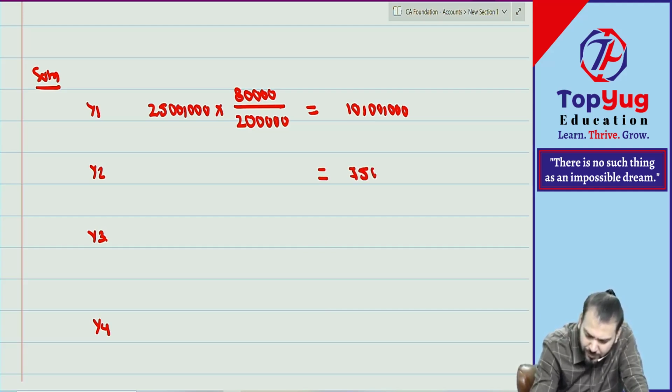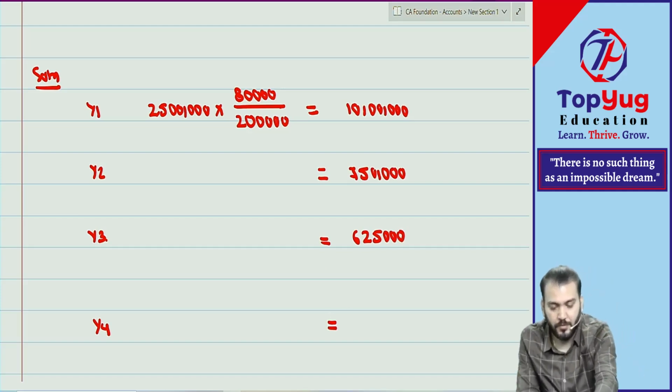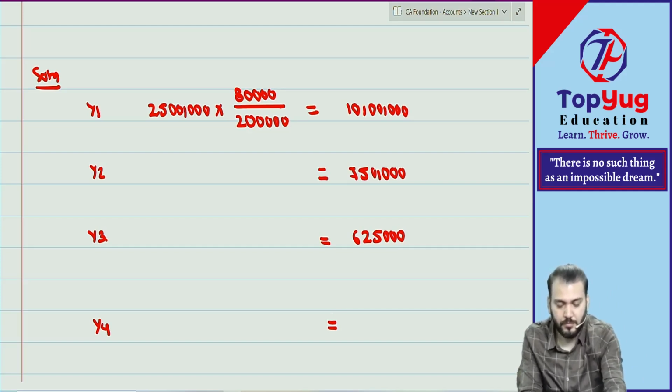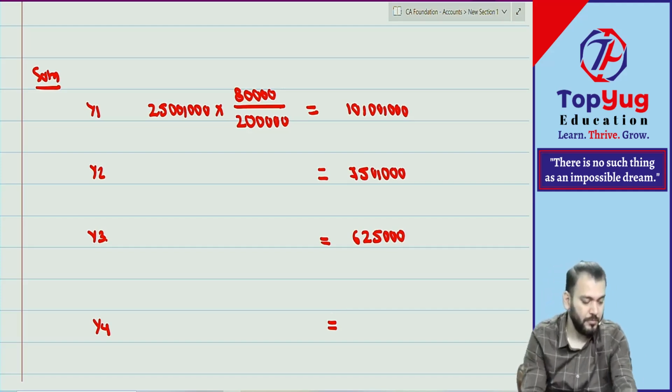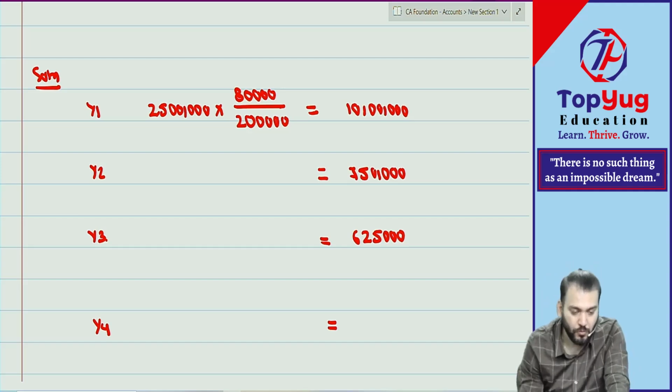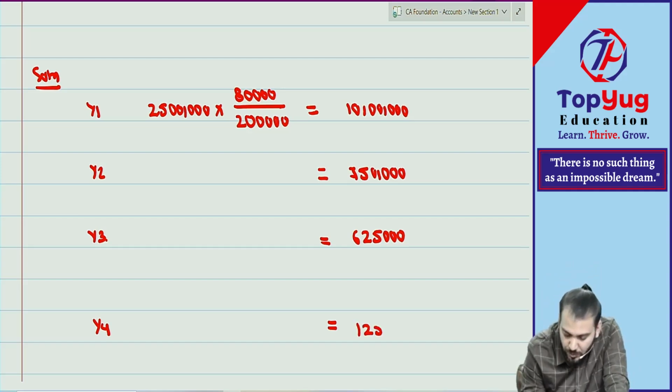Everyone calculate. Third year, 6 lakh 25,000. Fourth year, 1 lakh 25,000.